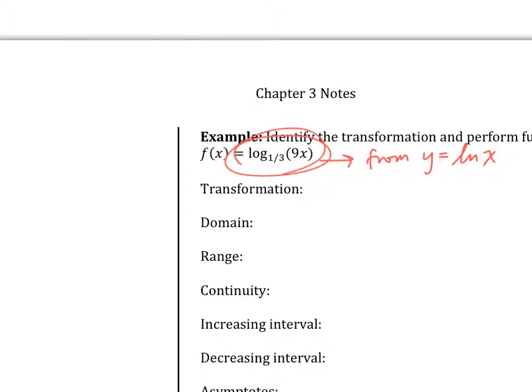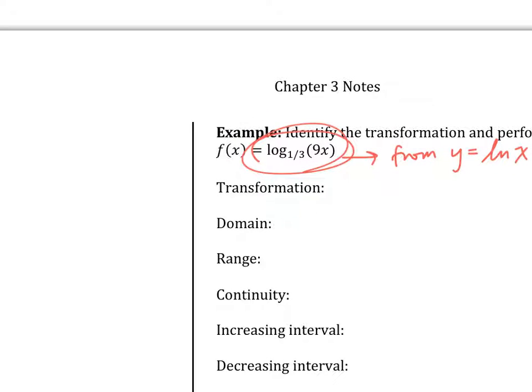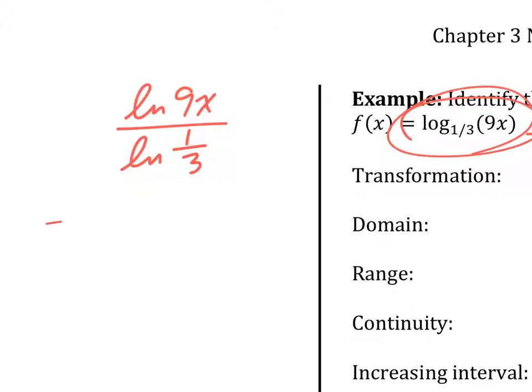All right, someone tell me the first step that you took. Okay, change of base. So what did you get? Good. So that is at least the first step. And then the next step. How do I take the ln x out?